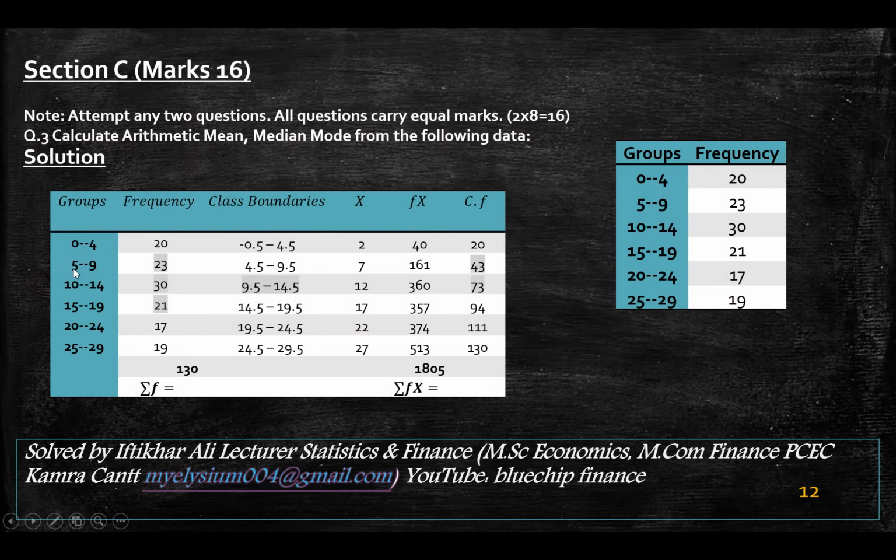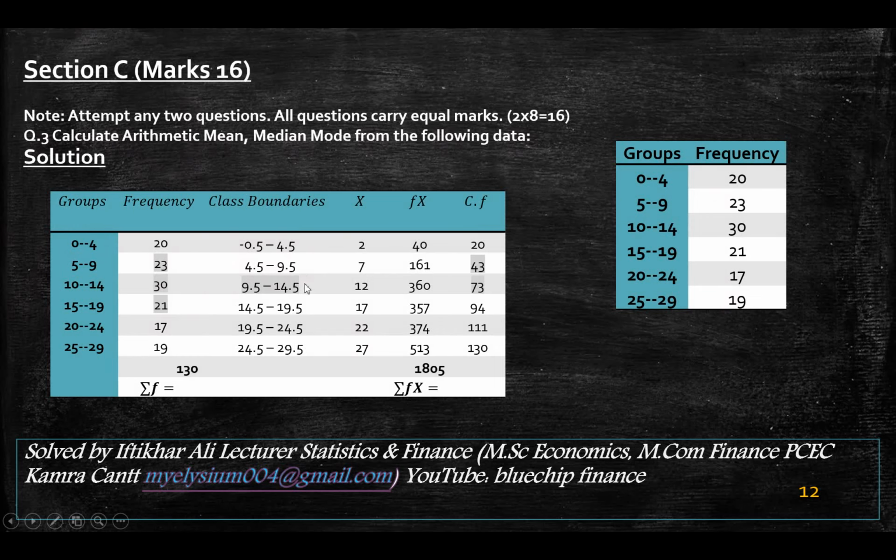How can we calculate the class boundary? 5 minus 4 divided by 2 equals 0.5, and we subtract that 0.5 from the left side and add it to the right side. So 0 minus 0.5 is minus 0.5, 4 plus 0.5 is 4.5, 5 minus 0.5 is 4.5, 9 plus 0.5 is 9.5, and so on.